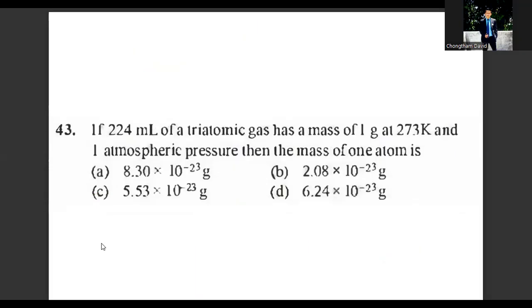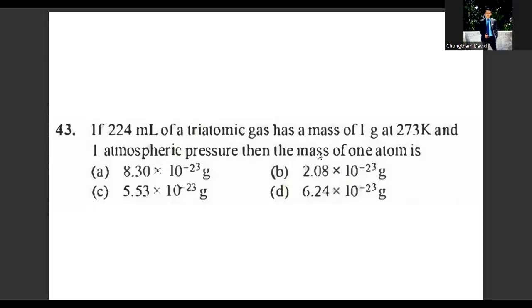Let's read question number 43. If 224 ml of a triatomic gas has mass 1 gram at 273 K and 1 atmosphere pressure, then the mass of one atom is. The given conditions are standard conditions, and 224 ml has a mass equivalent to 1 gram. So 22,400 ml will have mass 100 grams, which indicates that this is the molecular weight of the gas and it has Avogadro's number of molecules. And for a triatomic gas, you have to multiply Avogadro's number by 3.